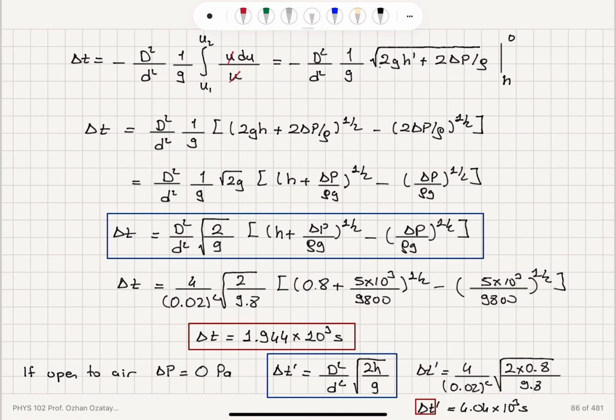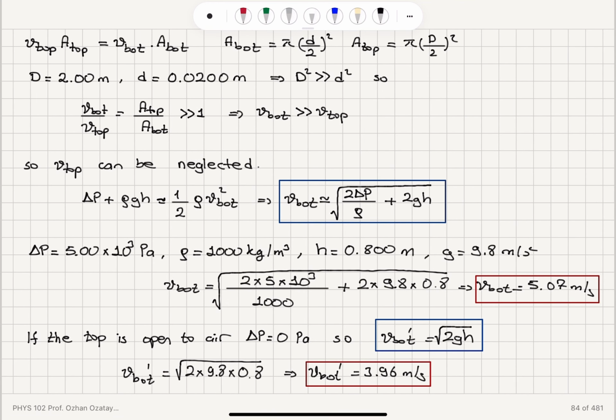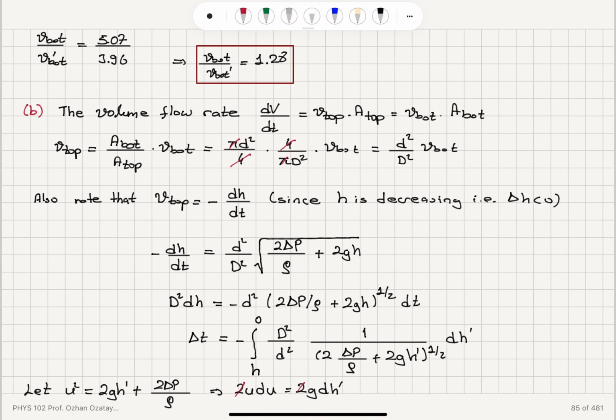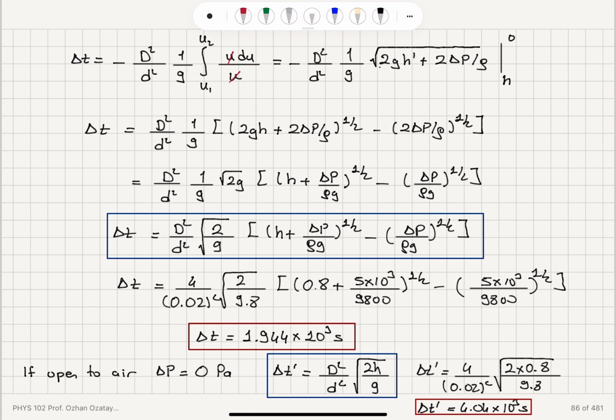Now remember, the speed at the bottom was greater when I had the gauge pressure, and that reflects in the time it takes to drain the tank as well. So you can see it's about half the time it takes to drain the whole tank if I have the tank closed. If it is open to air, it takes about twice the time.